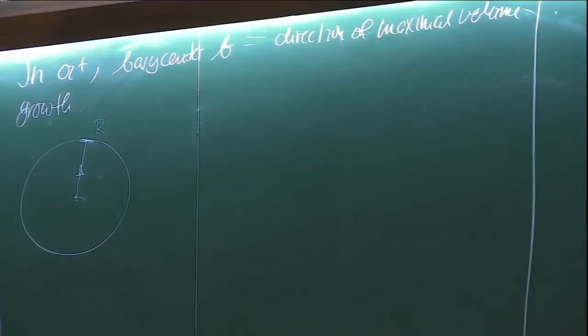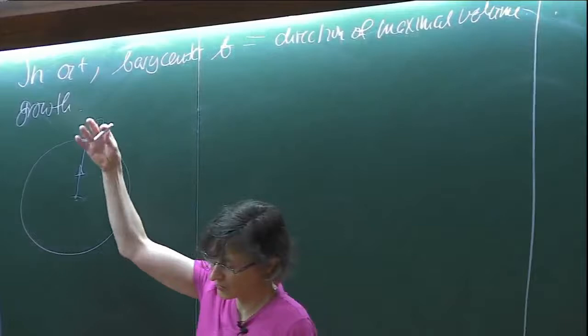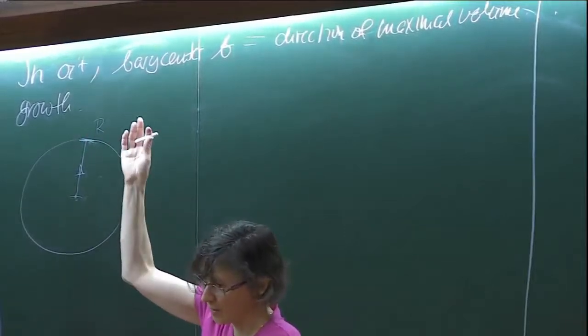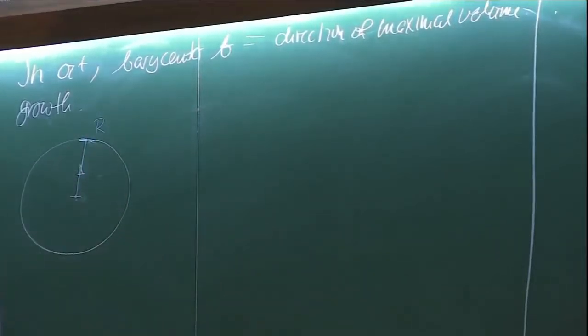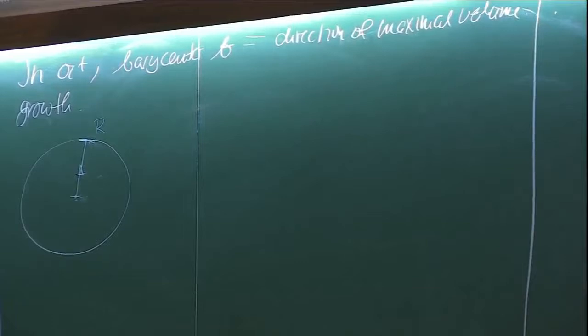If the volume growth in some direction is bigger than in other directions, then you will see more points of the lattice in this direction as you move to infinity. This can, of course, be made precise. Now, this is the informal explanation why the barycenter direction is perhaps the most important direction.